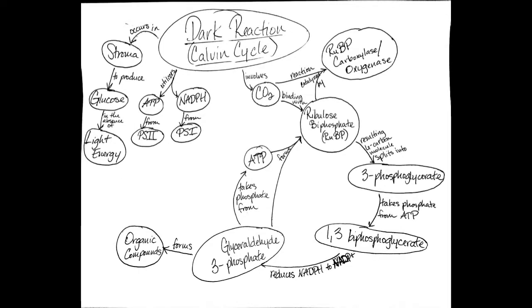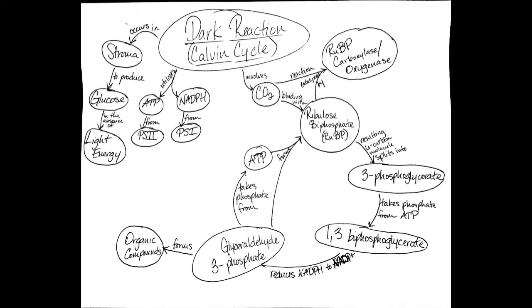We get our oxygen, and then the dark reaction, also known as the Calvin cycle, occurs in the stroma, like I mentioned, to produce glucose, and this occurs in the absence of light energy or without direct light energy. And it utilizes the ATP from photosystem 2 and then NADPH, which was produced in photosystem 1.